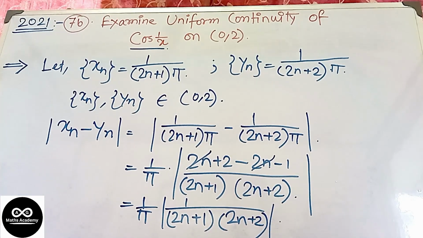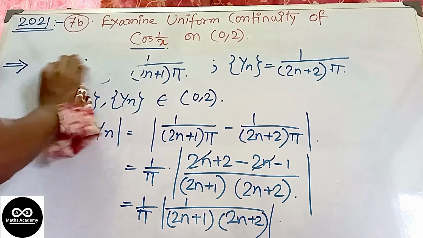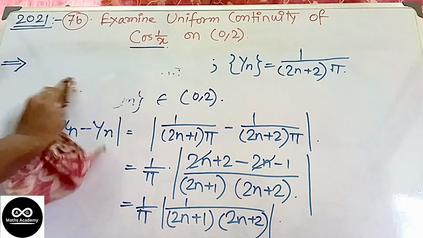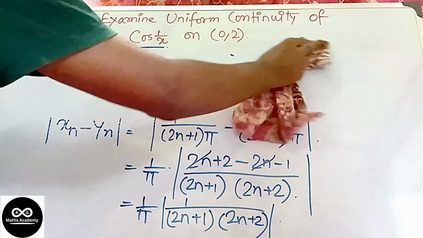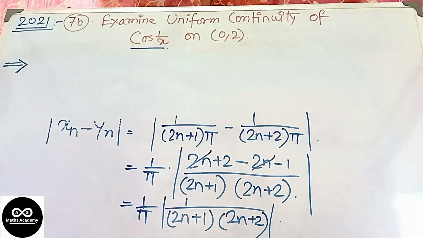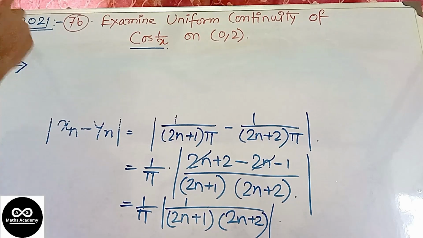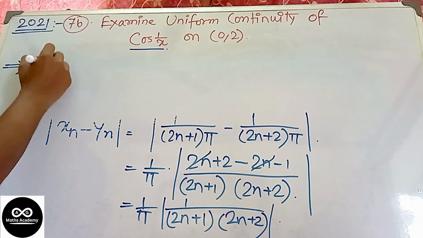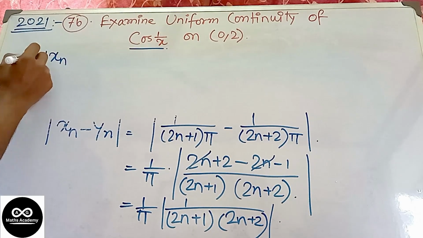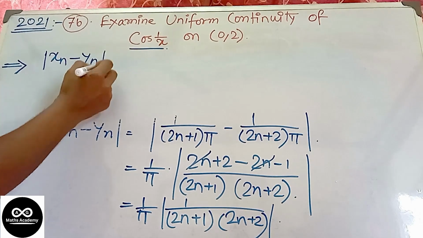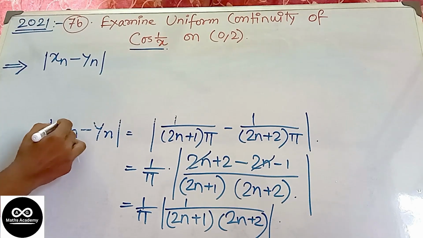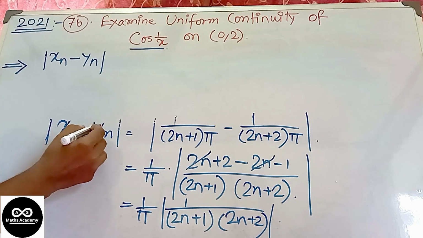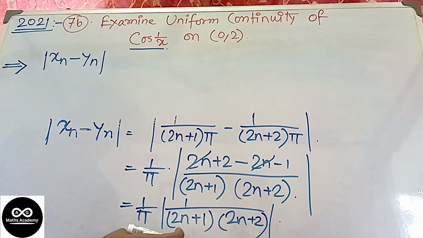So now the modulus of xn minus yn is equal to this one.